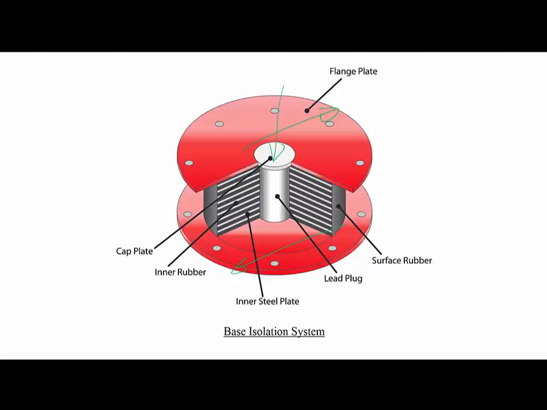This system can go through large lateral deformation, and the steel can provide large vertical force resistance, and at the same time very little movement of the ground is transferred to the building. This is how it isolates the structure.